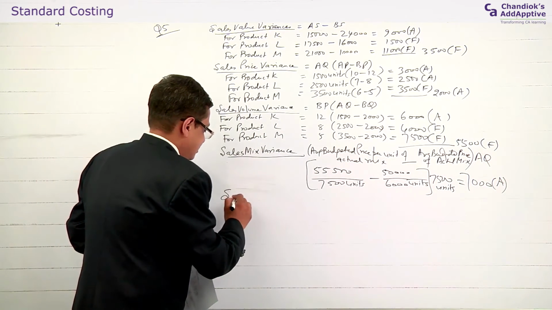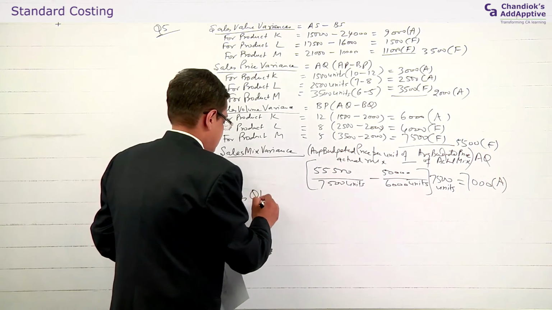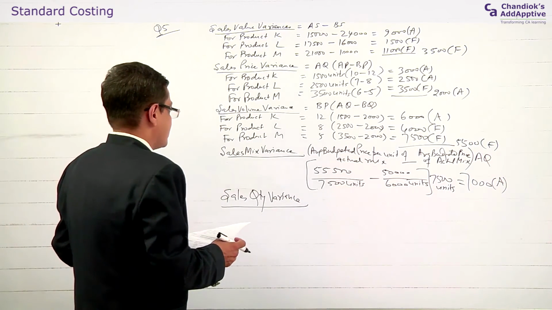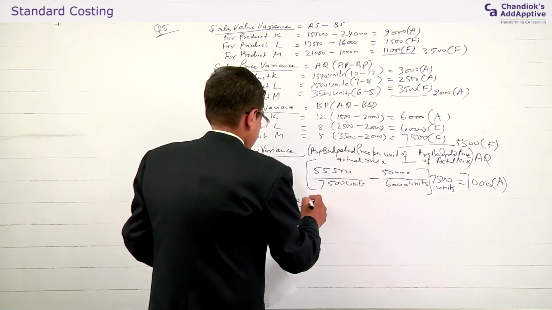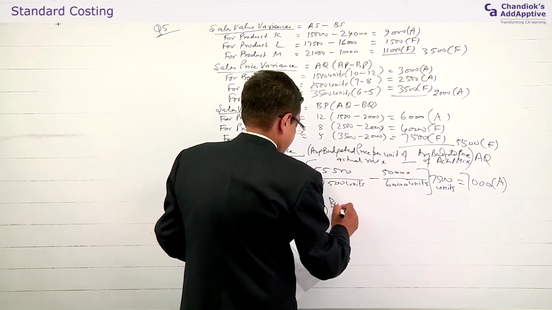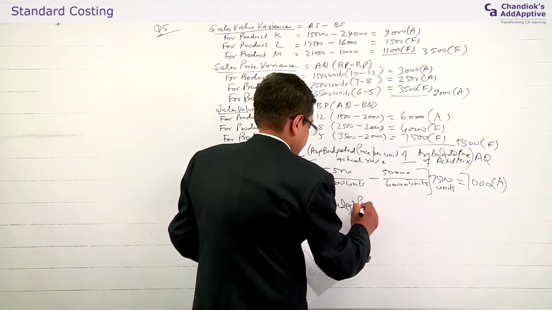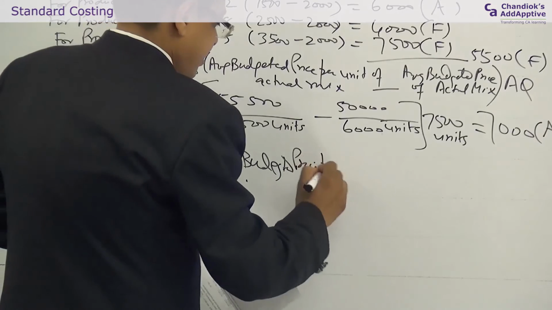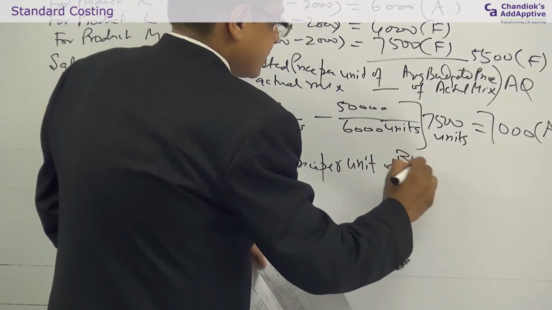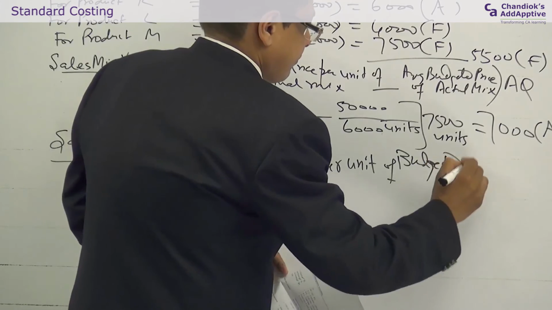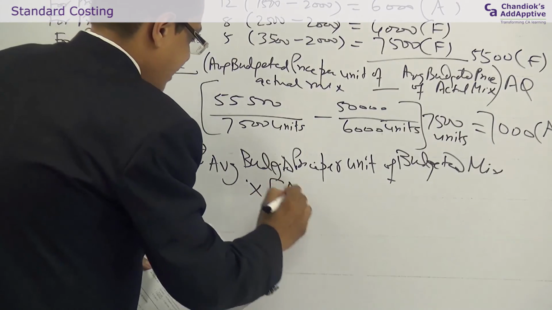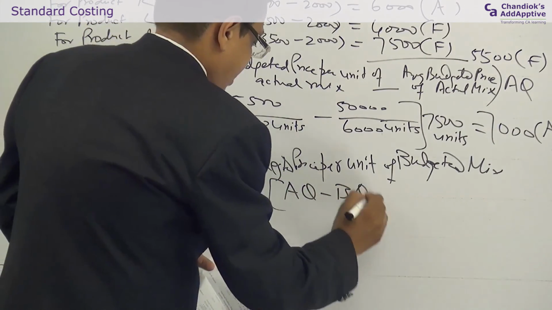Now, the last thing you have to solve is sales quantity variance. In this particular case, again you are taking the formula. The formula is average budgeted price per unit of budgeted mix into actual quantity minus budgeted quantity.